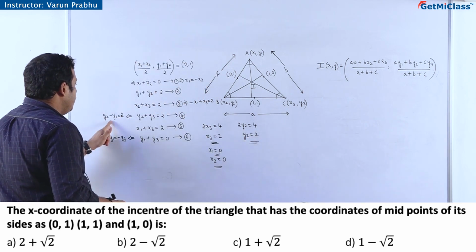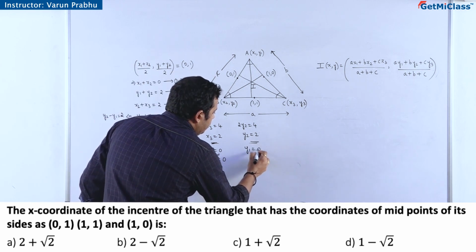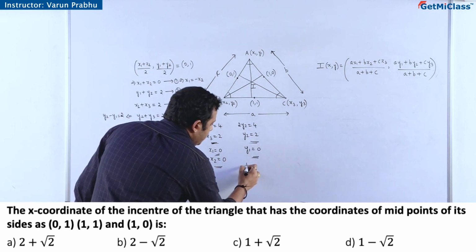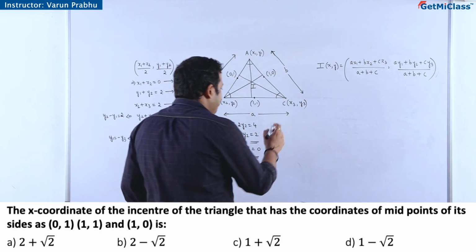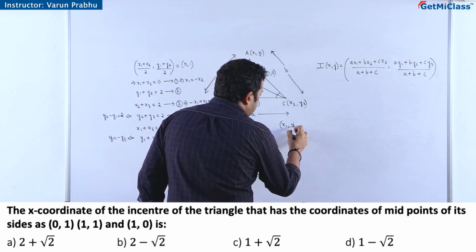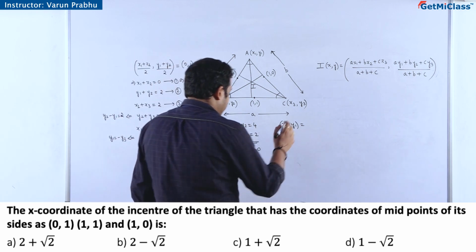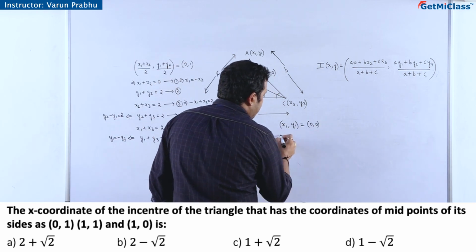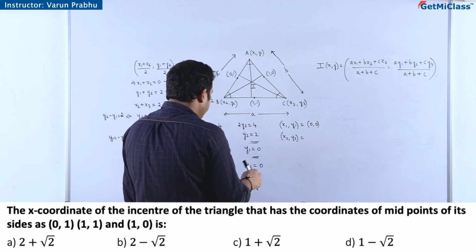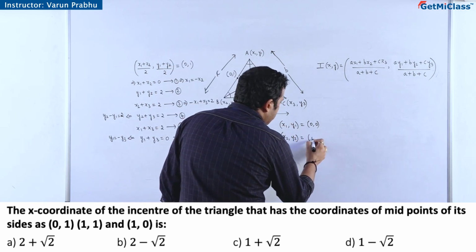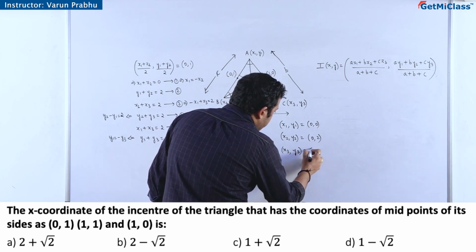If y2 is equal to 2, your value of y1 will be equal to 0. And if y1 is equal to 0, then y3 also will be equal to 0. So (x1, y1) will be (0, 0), (x2, y2) will be (0, 2), and (x3, y3) will be (2, 0), correct?